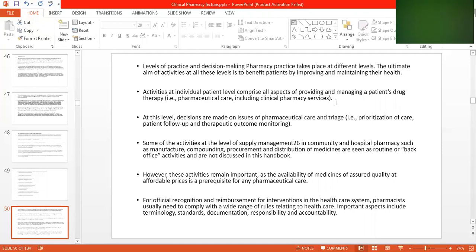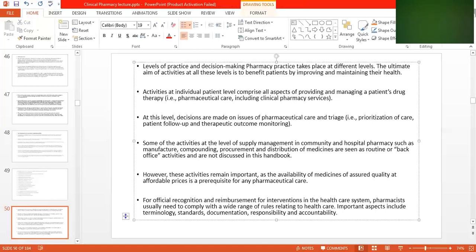Some of the activities at the level of supply management in community and hospital pharmacy, such as manufacture.